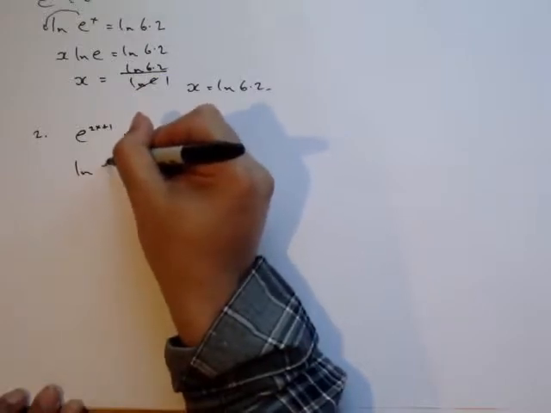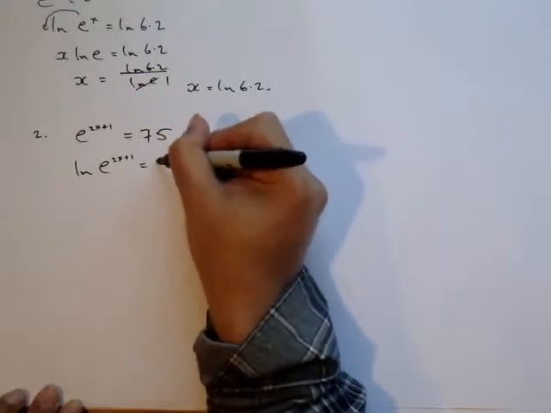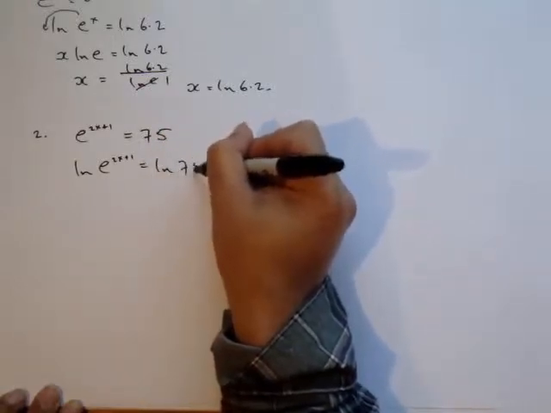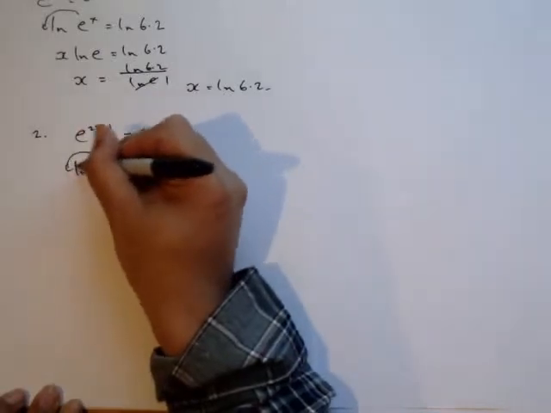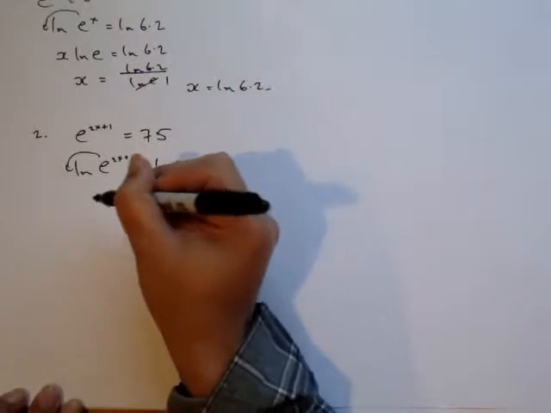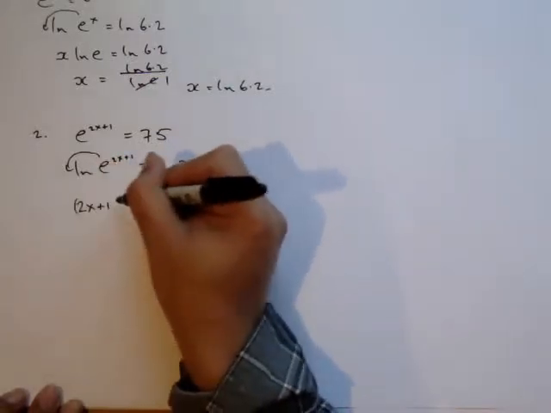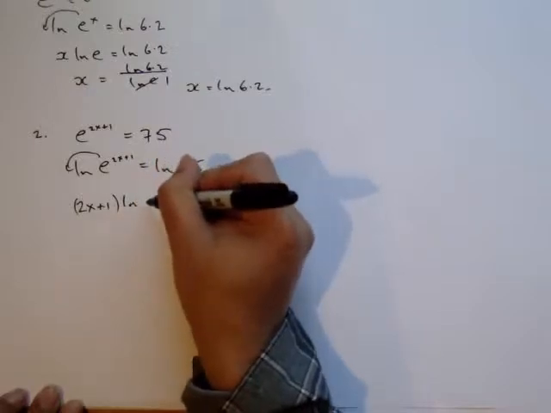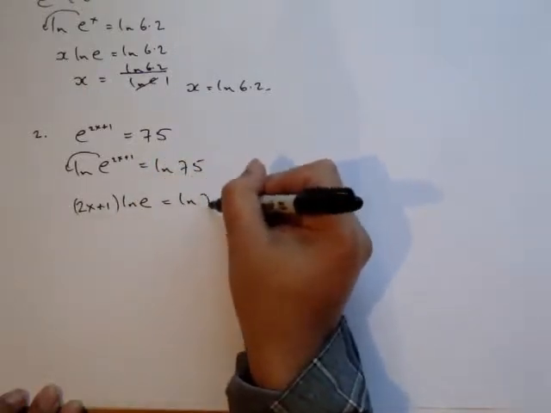Natural log of e to the 2x plus 1 equals the natural log of 75. Bring the 2x plus 1 down here, which we can do with the laws of logarithms. So 2x plus 1, natural log of e, is the natural log of 75.